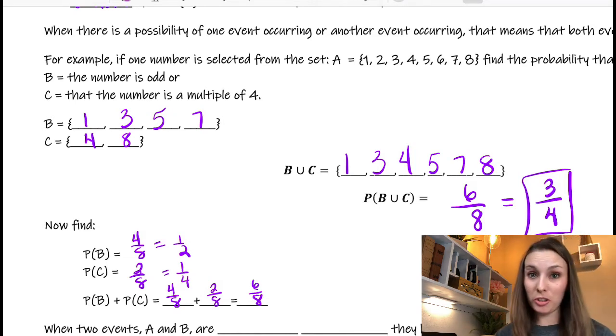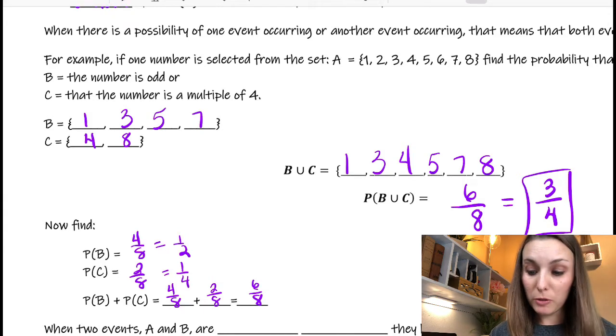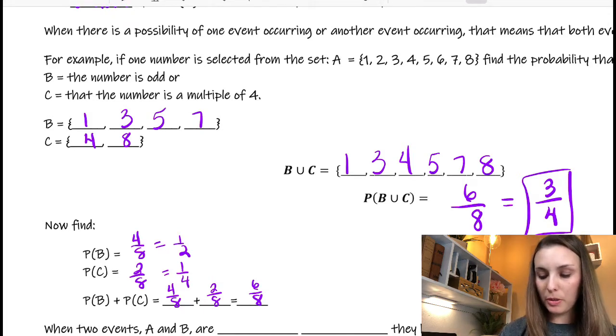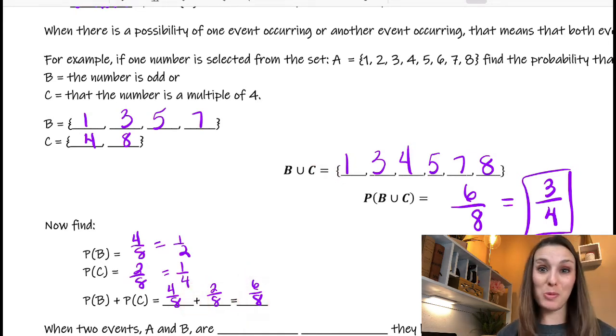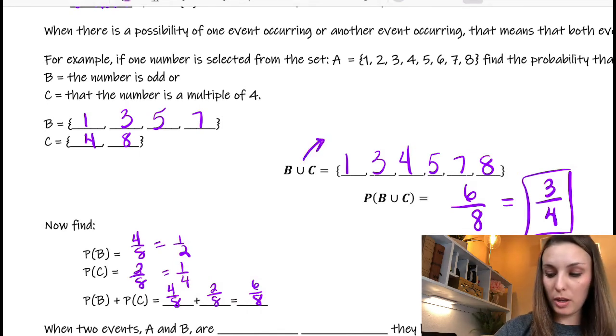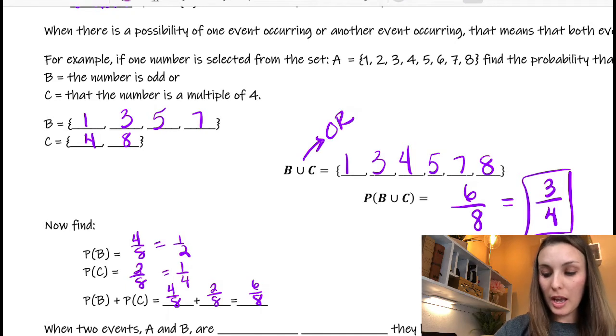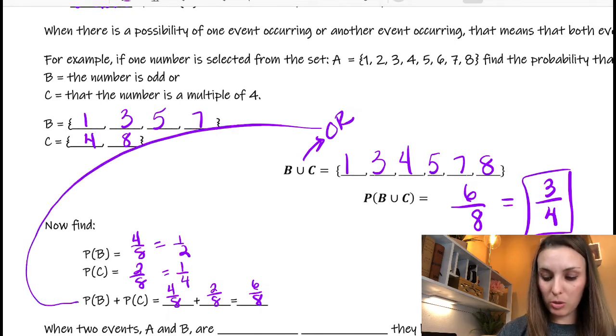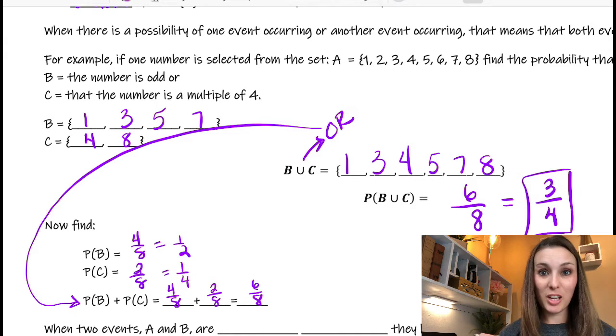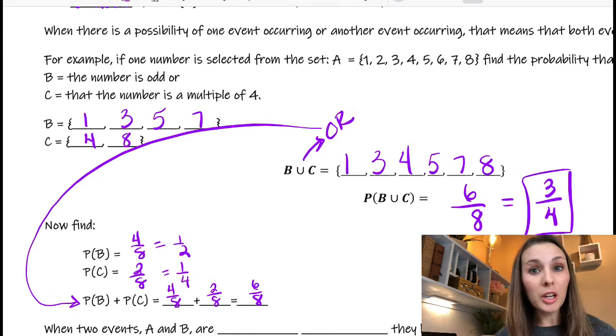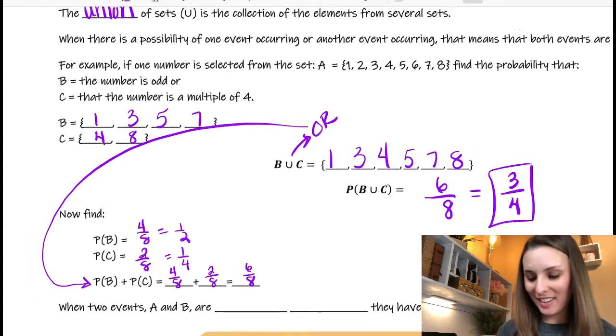Does that look familiar? When you're finding the probability of a union, you're actually adding the two probabilities. So a union is associated with or, and or is associated with addition. When you see the word or in probability, you're adding two sets with a union. Isn't that so neat?